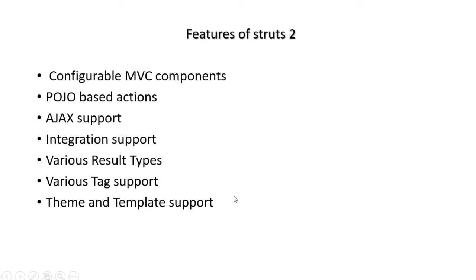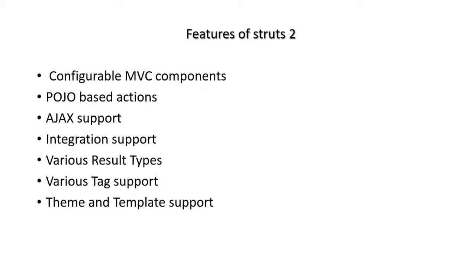Also, it supports themes and templates, and its default theme is XHTML. So CSS and XHTML themes are supported by Struts2, which will give a very good look and feel to your web application.